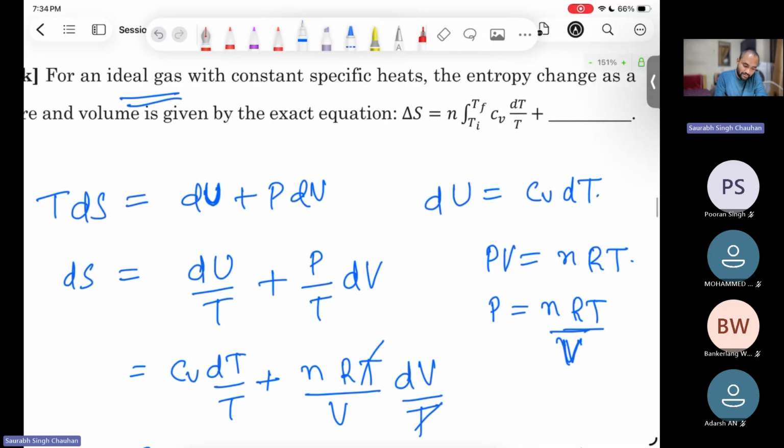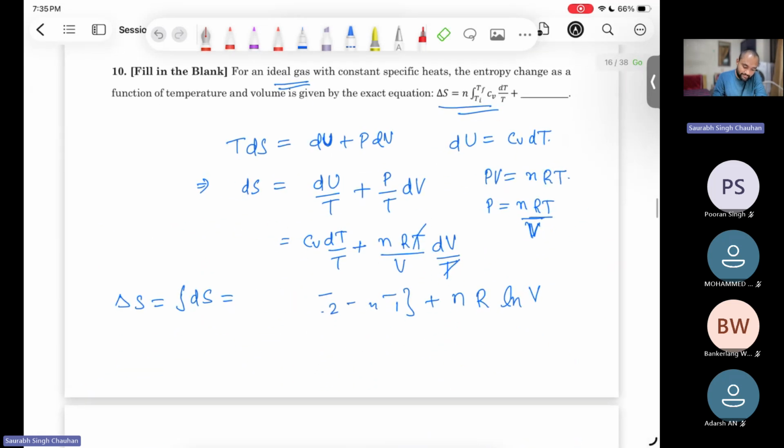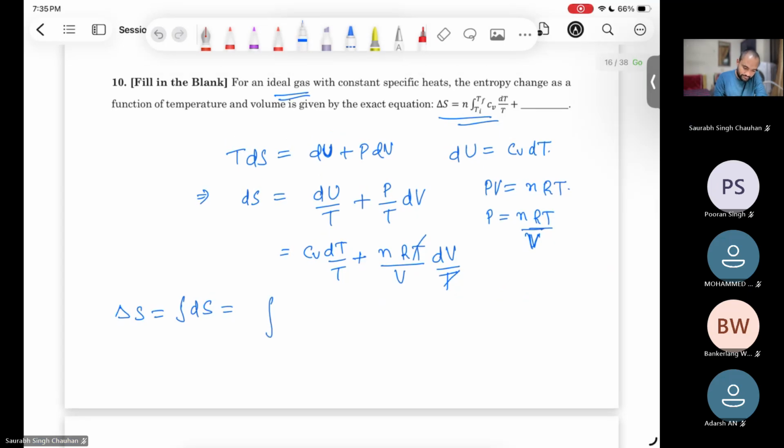Okay, we have to compare with this. I should not have taken the Cv out because it may be dependent on the temperature. I should integrate it like that. Okay, so n is taken out, it is constant. Cv dT by T, integrate from Ti to Tf.